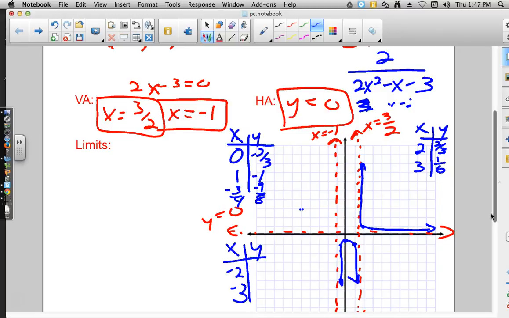So if we put a -2 in, we'll have -2 squared is 4, 2 times 4 is 8, minus a -2 will be +2, so we'll get 8 plus 2 is 10, minus 3 is 7, and there's a 2 on top, so that would be 2/7. And then we could go ahead and put a -3 in here, and -3 squared would give us a 9, so 2 times 9 minus a -3 minus 3. 18 plus 3 is 21, and then you'd subtract 3 again and get 18, so 2/18, which is 1/9.